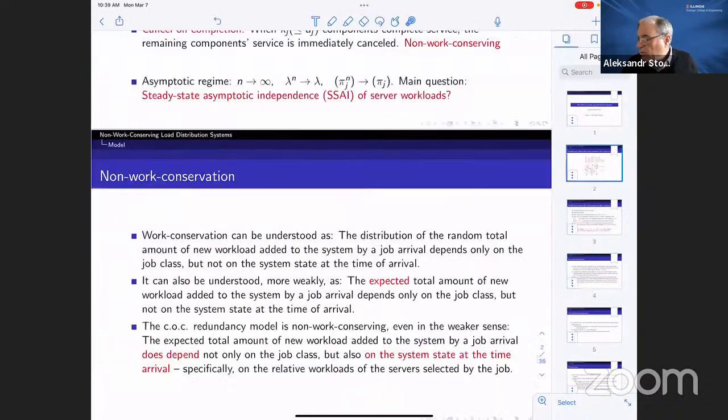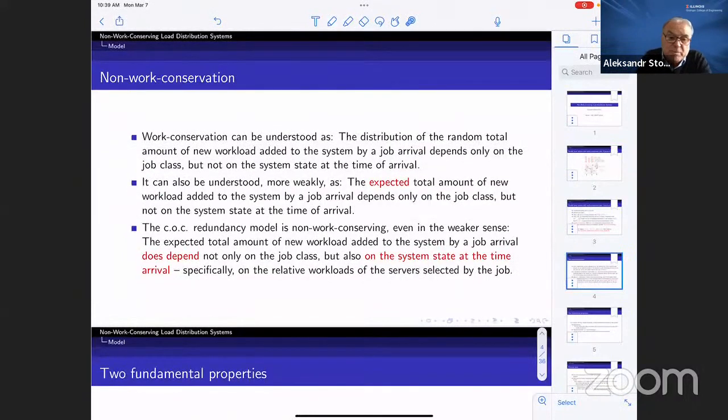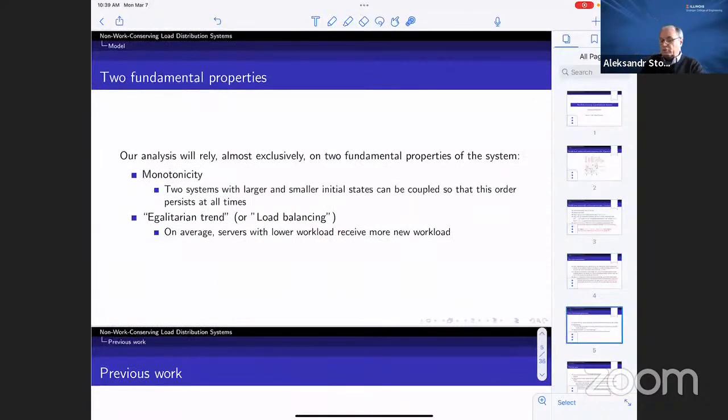If you go back to this picture, you will see that typically even the expected amount of new workload which will be added, which is this plus this plus this, will depend on the state of the system. Specifically, it will depend on the workloads on the servers which you select, and even more specifically, on the relative workloads of the servers and the differences. So this is non-work conservation.